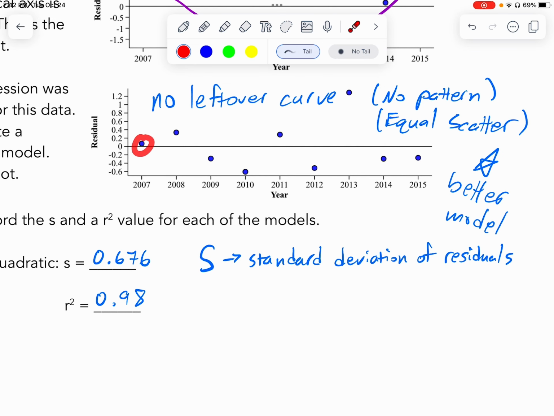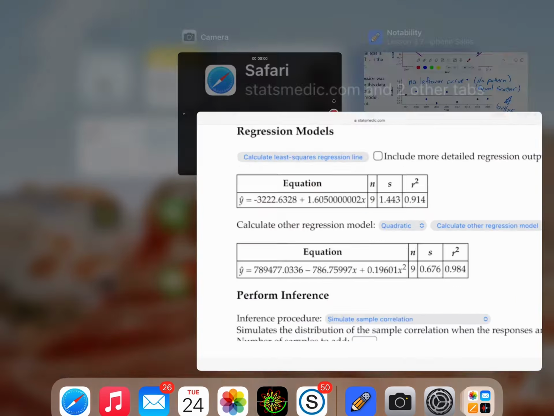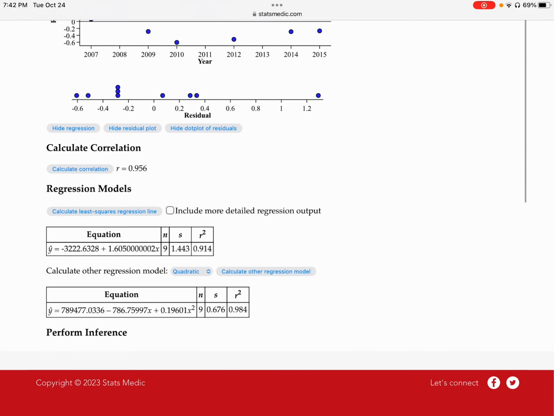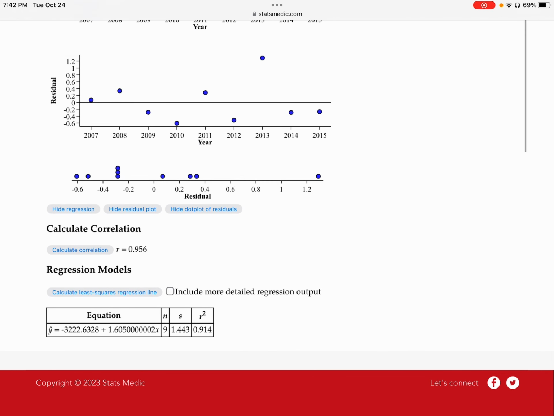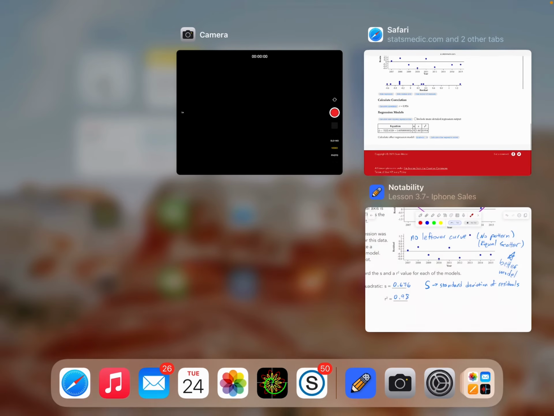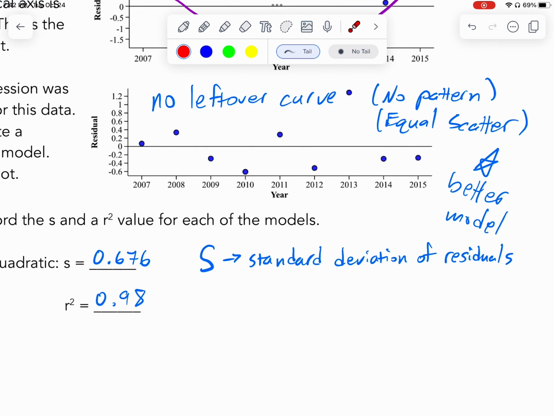These all have a value. In fact, if I go back to my applet, they give me the values right here. This lowest plot is a dot plot of the residuals, and if I get the standard deviation of them, that's S.